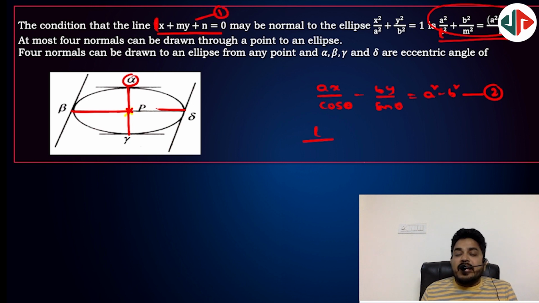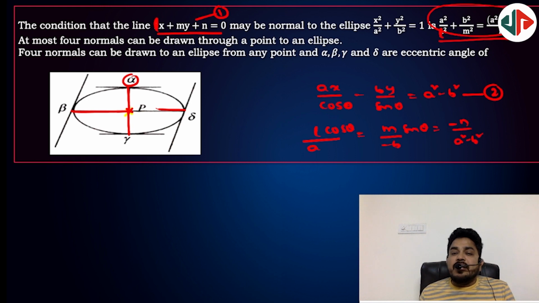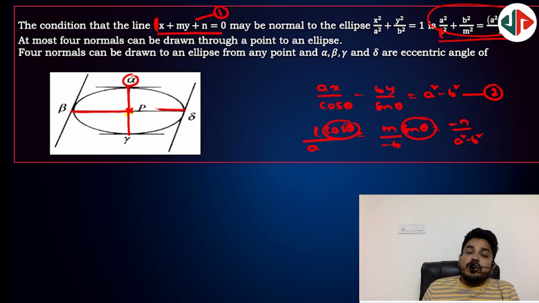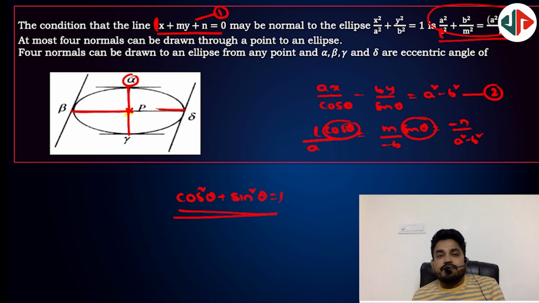So what will happen? a by cos theta is equal to m by minus b sin theta is equal to minus n by a square minus b square. So from here you'll get cos theta and sin theta, and we all know that cos square theta plus sin square theta is equal to 1. You can simplify this.